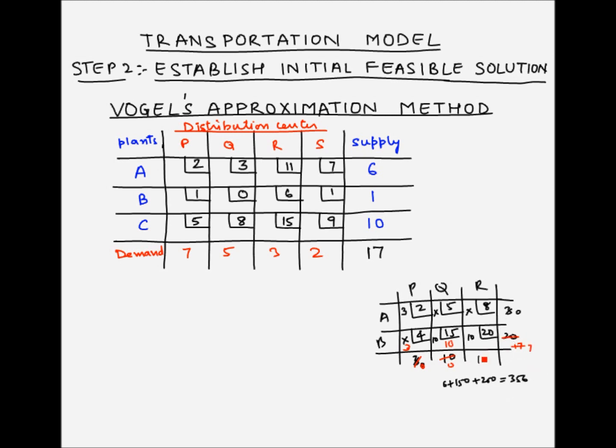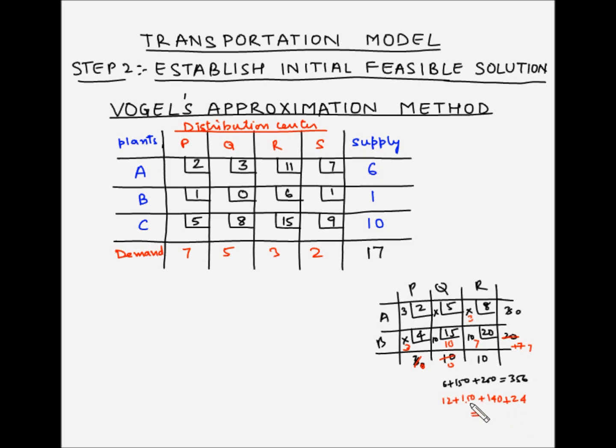Now there's a demand of 10 for R and a supply of 3 available for A and 7 for B. So let's allocate 3 here and 7 here. Now let's calculate the cost for this scenario. BP is 3 multiplied by 4, which is 12, plus 15 multiplied by 10, 150, plus 7 multiplied by 20 is 140, plus 8 threes are 24.